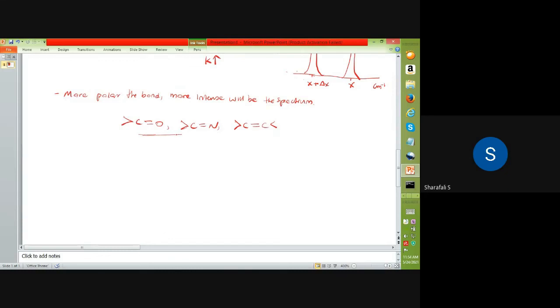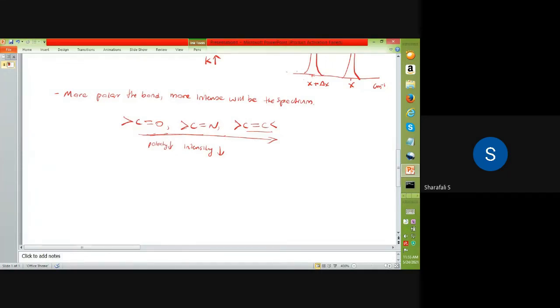The intensity will decrease in this order, because C double bond O is more polar as compared to C double bond C. In this direction, polarity will decrease, so the intensity also will decrease. I'm talking about the intensity of the spectral line.